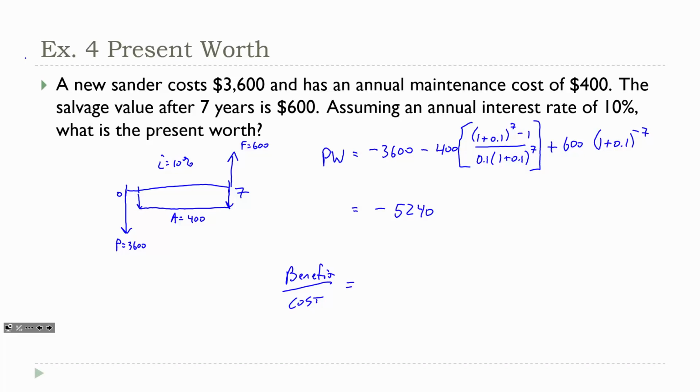Nope. Just looking at the cash flow diagram, what is the benefit? 600. Do we have to do anything to it? Clearly the benefit cost ratio of this is going to be negative, right?